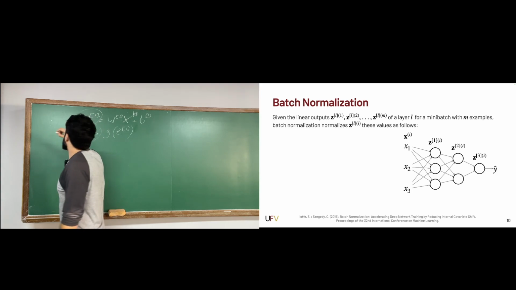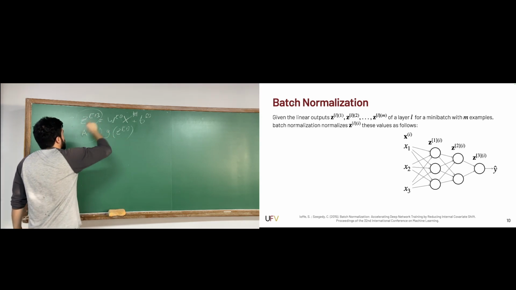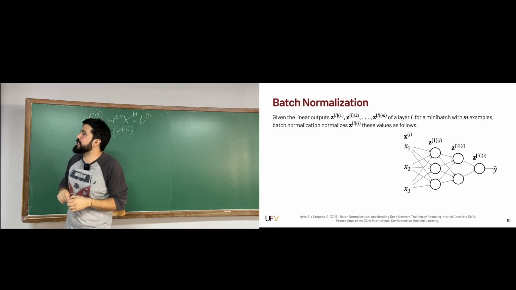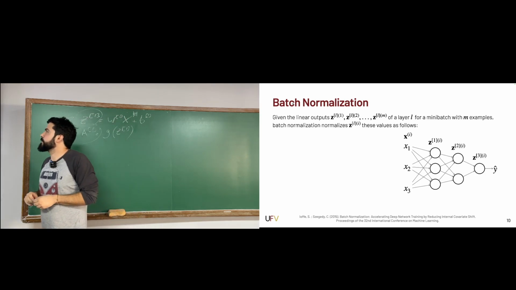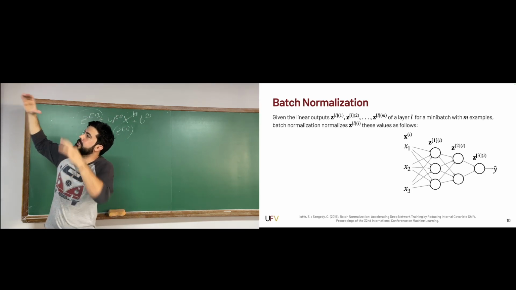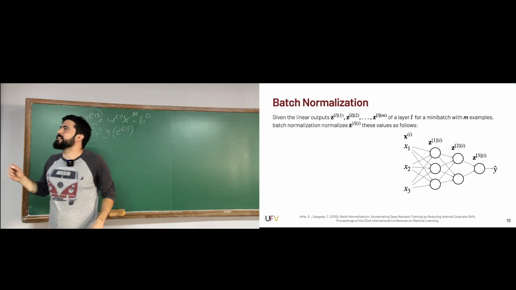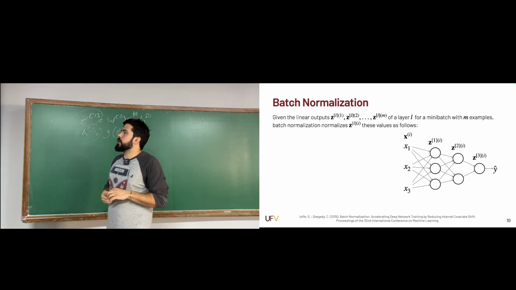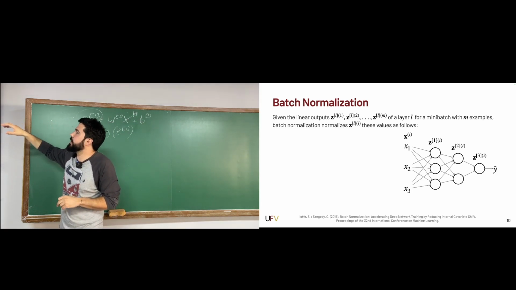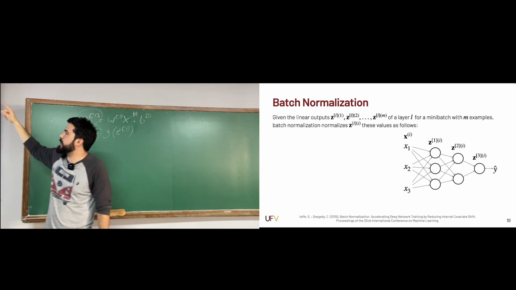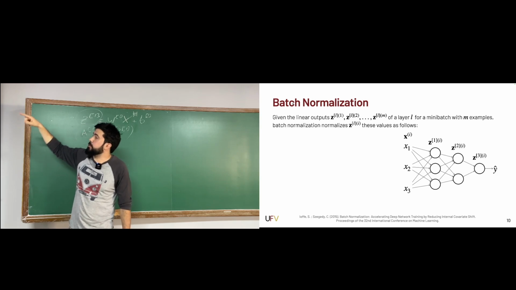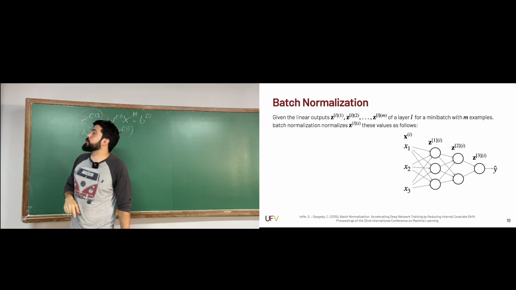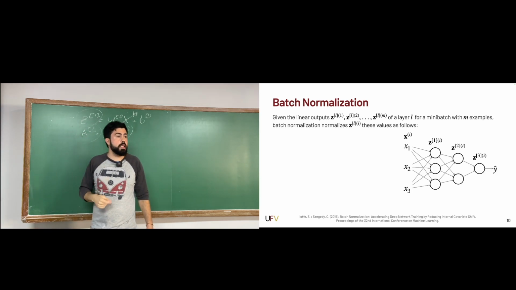So Z with square brackets i refers to the linear output of the layer i, and the parentheses represent the example index. So when I say, for example, Z1(i), I mean a vector Z that has the outputs for each example i.